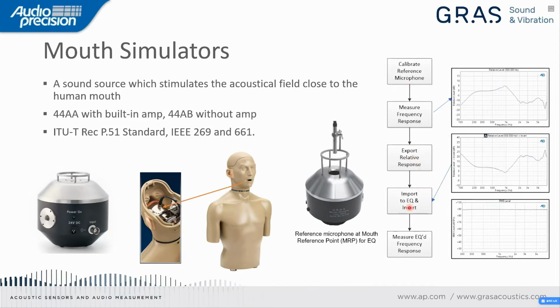Then we import it back to the software, and when we do that, we invert it and we use it as an EQ for the output channel of the mouth that is used with the mouth simulator. And therefore, when we perform the test again, we can see that the final response is a completely flat frequency response. And this is when we are ready for measuring after equalizing the mouth simulator.